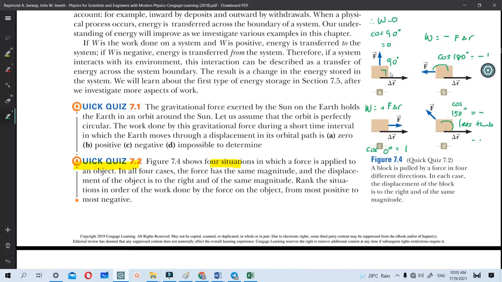Alright. Now, therefore, if we are to rank from the most positive to the most negative, either use these methods, or you can substitute that force is equivalent to 1 and delta R is equivalent to 1 and tangle with each angle. So you will find that the ranking from the most positive will start with C, the largest one, followed by A, because it's 0, while this is positive.